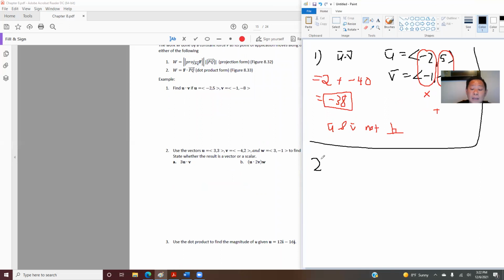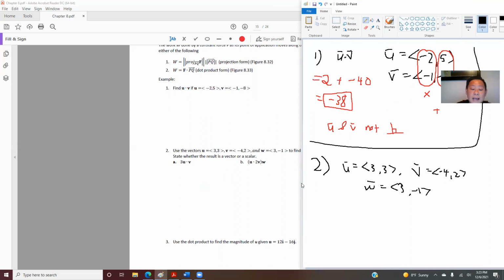So in this case, question 2 gives us vector u as 3, 3, vector v as -4, 2, and vector w as 3, -1.